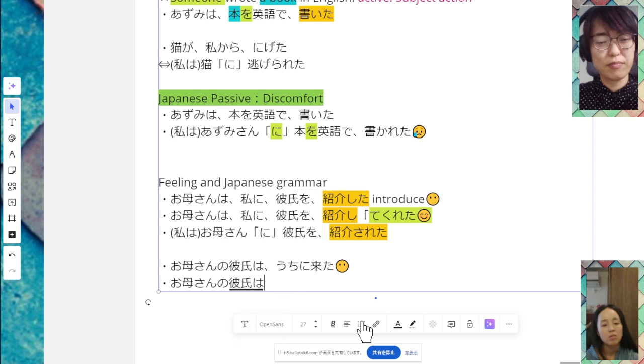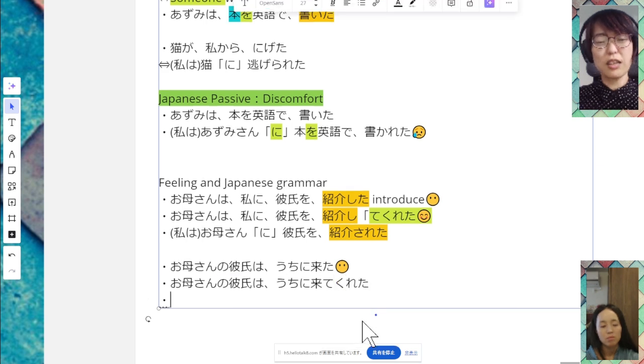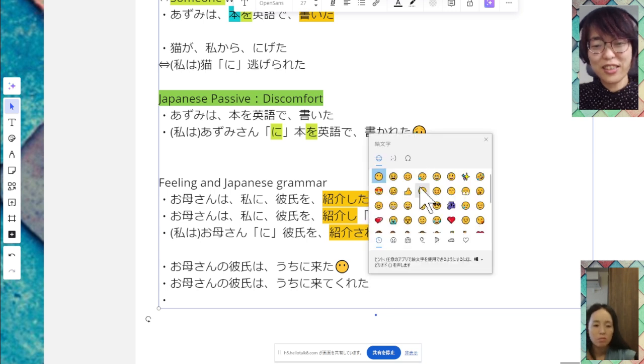お母さんの彼氏はうちに来てくれた。くれる te form. So you are expressing that you are happy. Very good. On the other hand, you didn't like it that this person came. Then you can easily express your feeling just using passive.